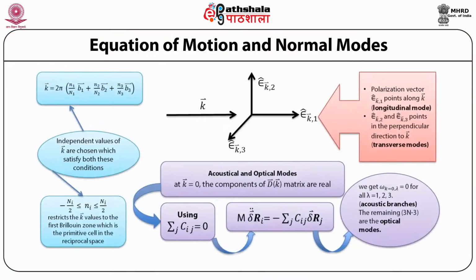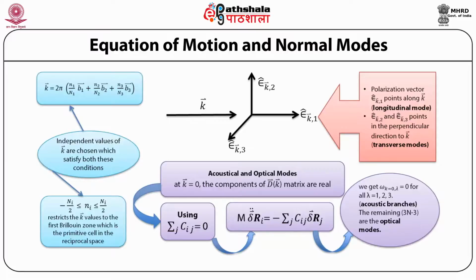So now in this slide this previous equation is rewritten, that is the vector k is 2 pi multiplied by small n1 divided by capital N1 b1 vector plus small n2 divided by capital N2 b2 vector plus small n3 divided by capital N3 into b3 vector. Now only k values within a single primitive cell of the reciprocal lattice give distinct solutions.